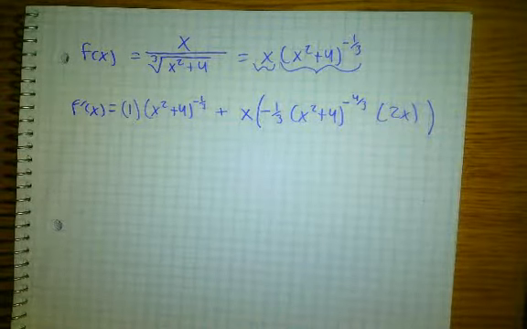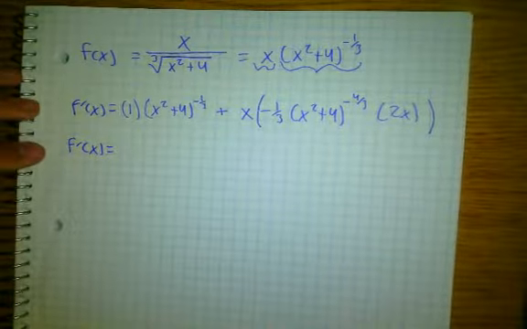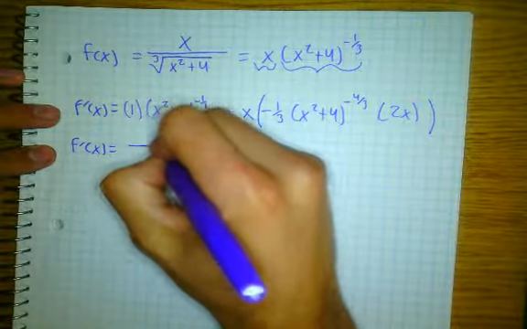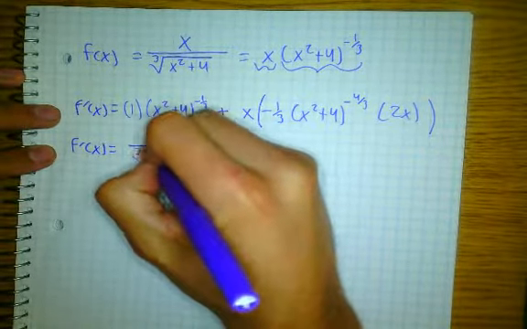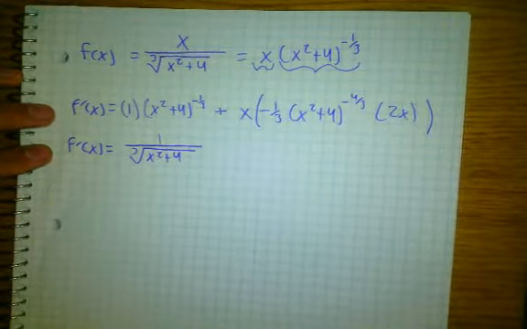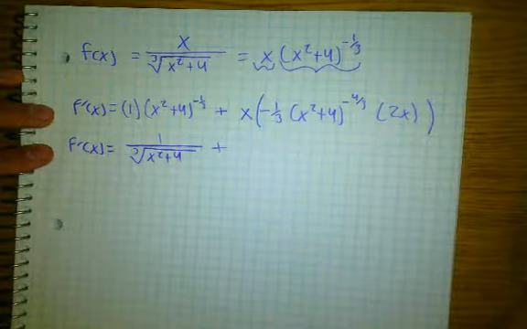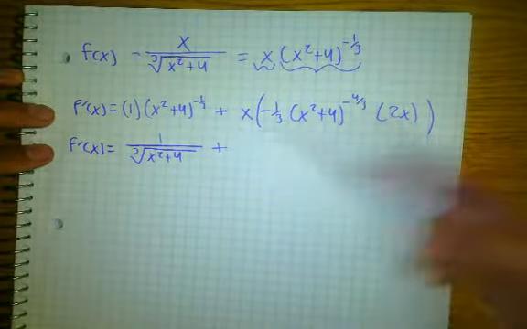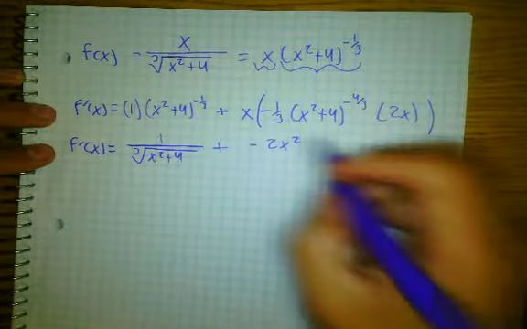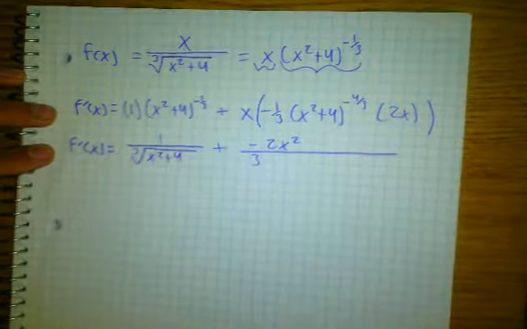Doesn't look pretty at all, but I know that you're more than capable of cleaning this up. So this first part looks like 1 over the cube root of x squared plus 4. Agreed? Okay, so now I have plus negative 2x squared over 3, right?